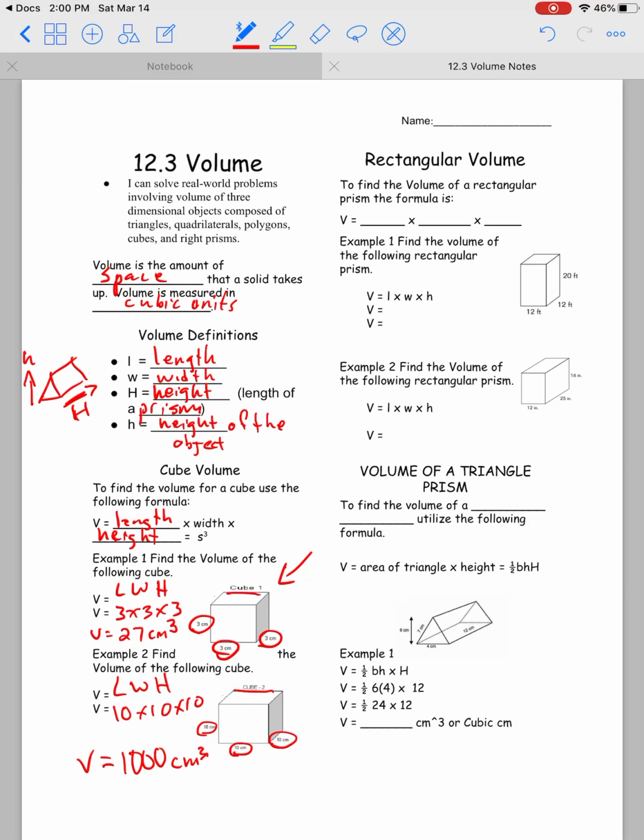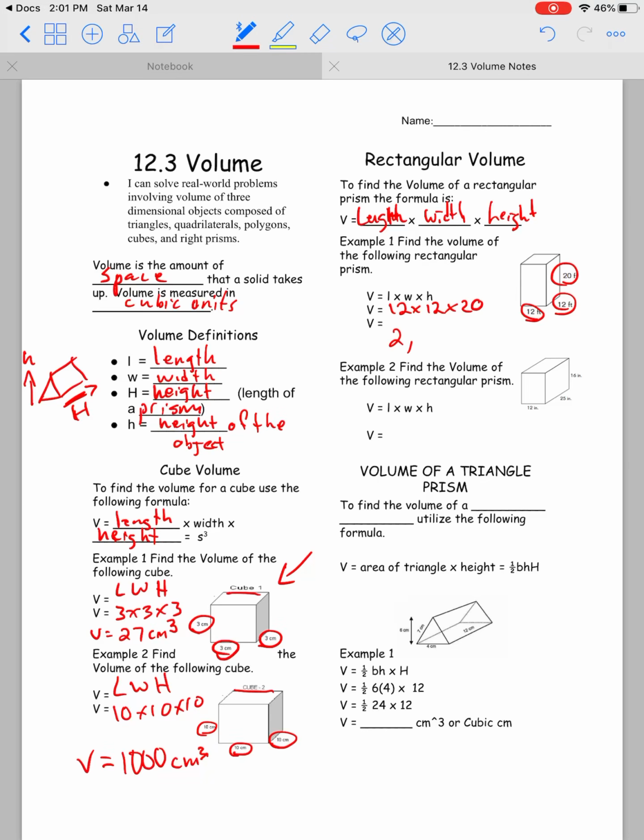All right, the rectangular volume, it's the same process. It's just not a cube, okay? It's a rectangular prism. Length times width times height would be the same thing. 12, 12, 20. 12 times 12 times 20.